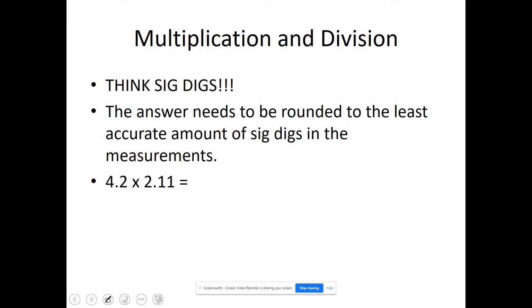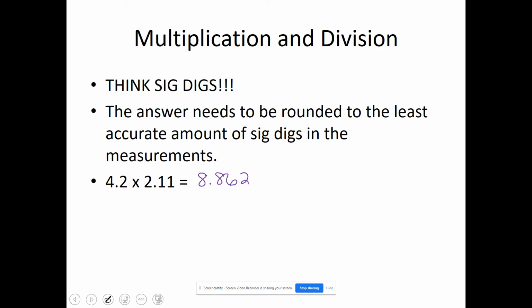So here's our two numbers, 4.2 times 2.11. If you multiply that, you get 8.862. So to get your final answer, you count how many sig digs each of your numbers has.